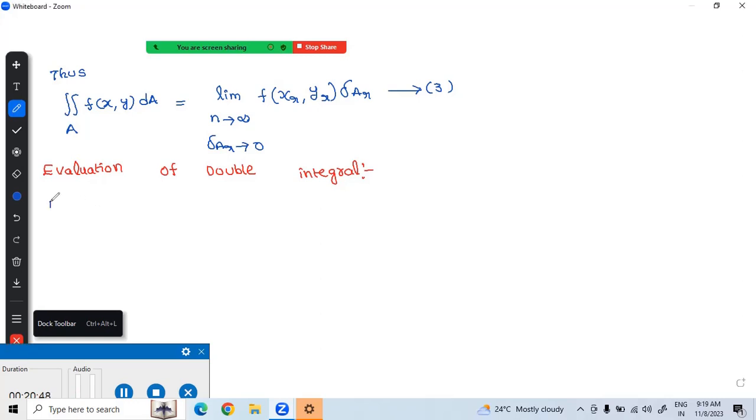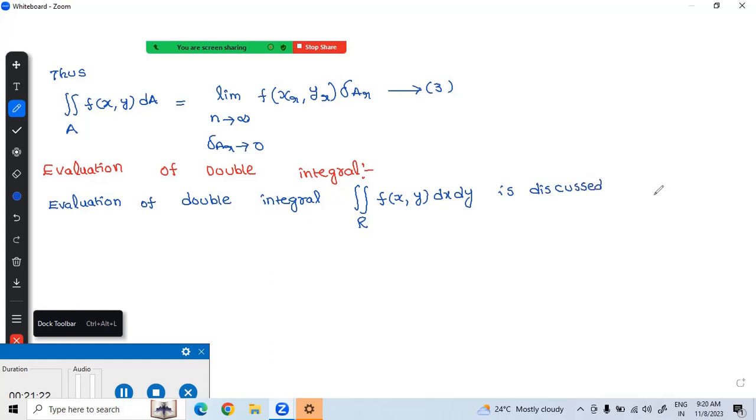Evaluation of double integral. So double integral of f of x comma y dx dy is discussed under the following three possible cases.